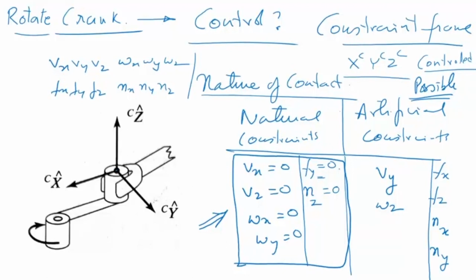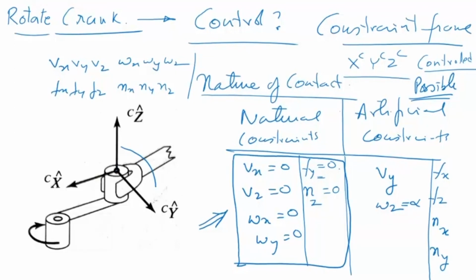So in order to move this in a particular direction, how are you going to rotate the crank? You have to apply a velocity in the y direction in order to perform the task. And hence you have to say omega z is equal to, let's say, alpha. That is how you're going to rotate the crank.